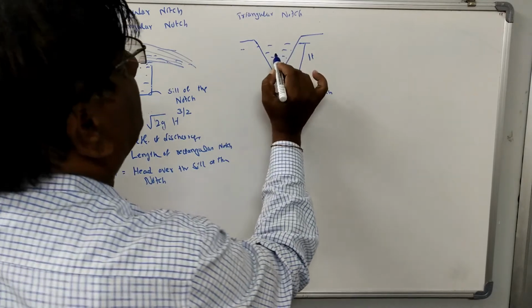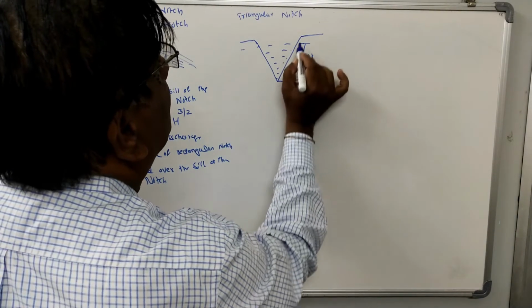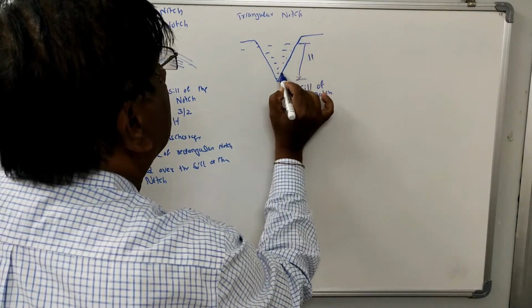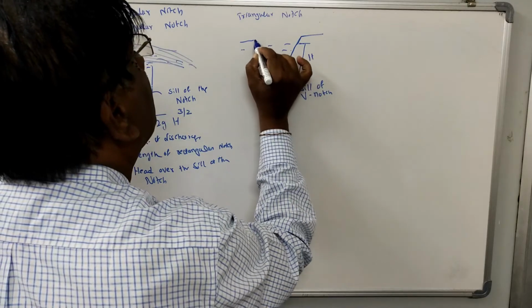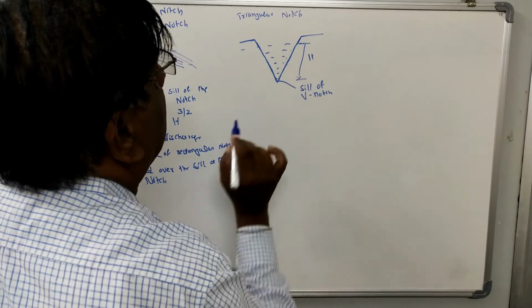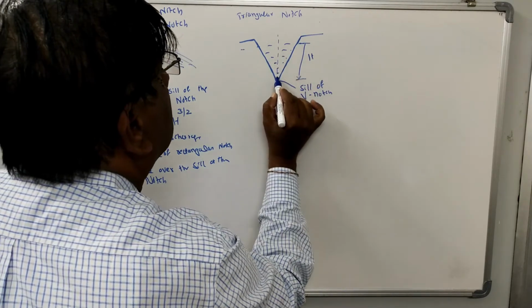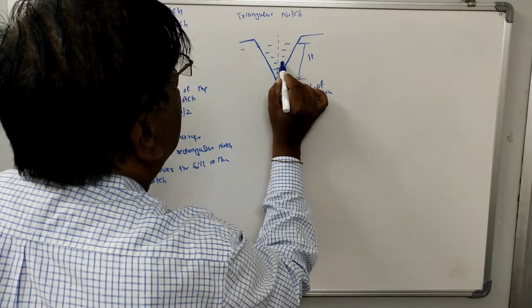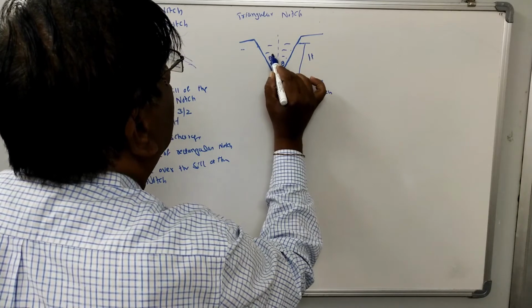It is called the V notch because the shape is like the English letter V, or a triangle. This angle is theta, and this angle we have considered theta/2.